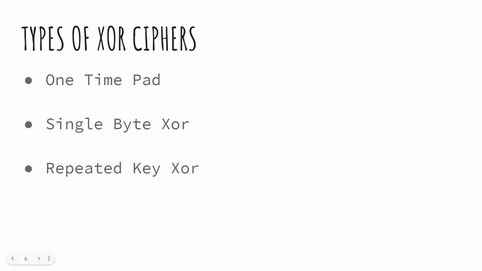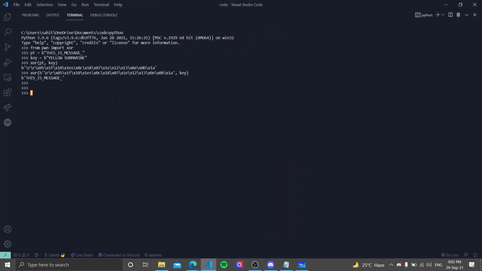Going into their explanation as well. It is basically similar, but what happens here is the key does not need to be as big as the message is. In single byte XOR, we only require 1 byte of a key.